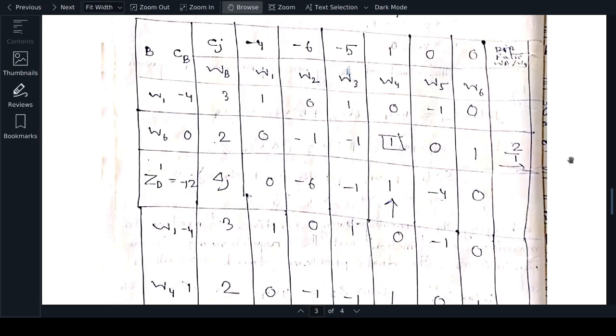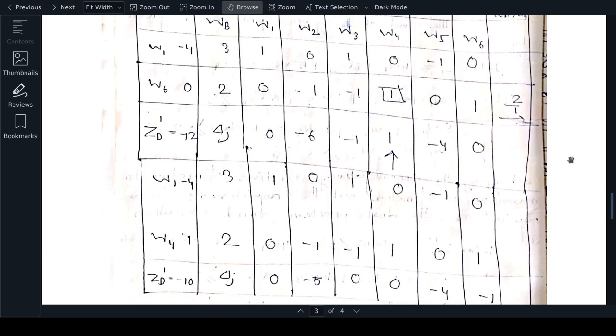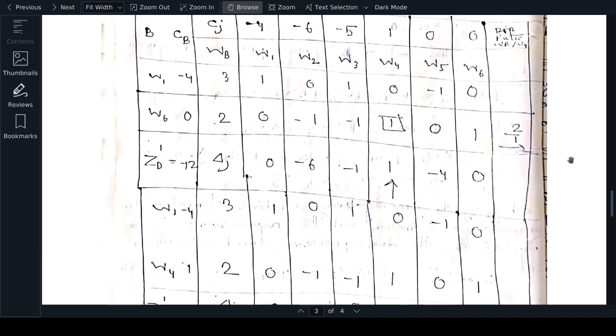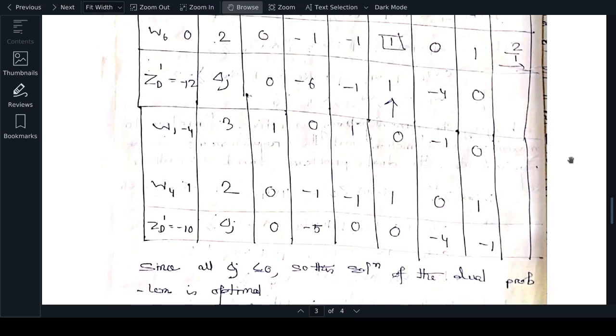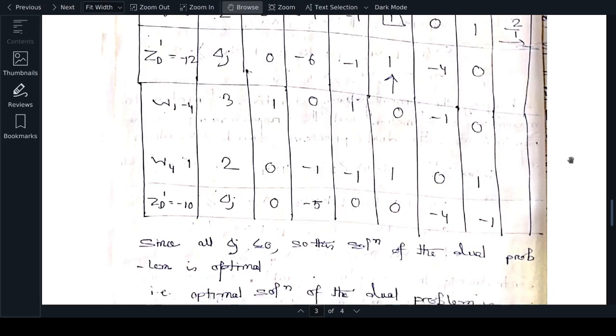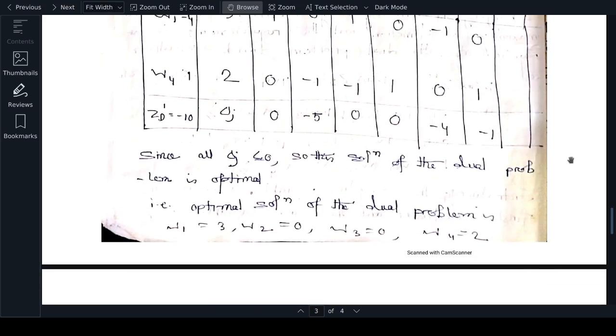So in the second table I have written W1, because 6 is replaced by 4. Similarly, applying the same operations as earlier, we get ZD dash equal to minus 10, and all delta J values are less than or equal to 0. Then this gives us the solution of the dual problem. So what is the value? Here W1 equal to 3, W2 is absent, so 0.